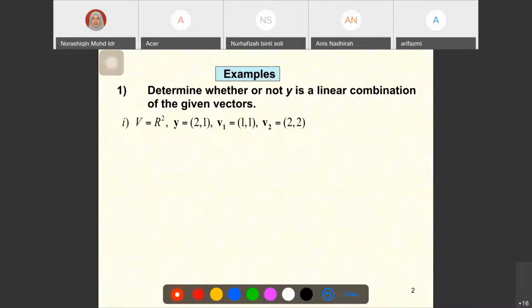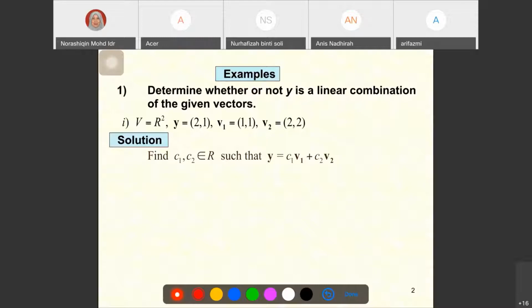We go back to the definition just now. We need to find whether the C's exist. Over here we have V1, V2, so we have C1, C2, such that y can be written as C1 V1 plus C2 V2.